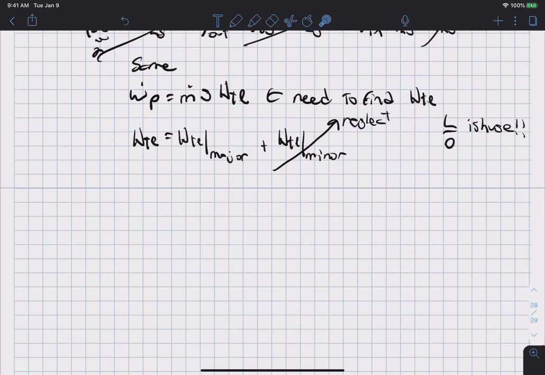Okay, so the major head losses equal the sum of the Darcy friction factor f times L over D times U averaged squared over 2g.